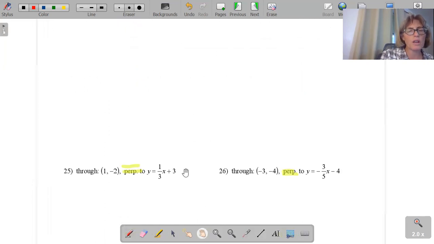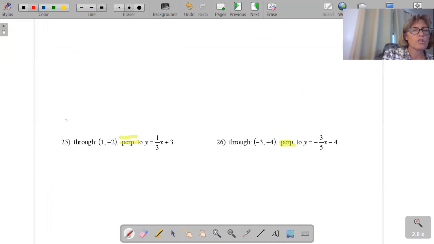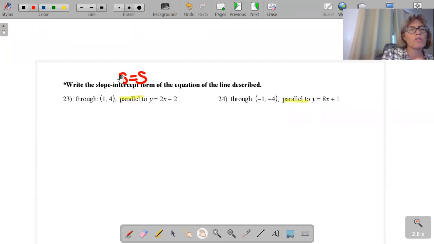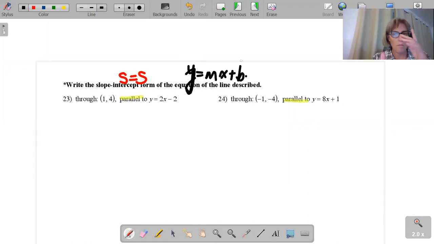For perpendicular, the slopes multiply to -1. And it says we want the slope-intercept form, which means we want this form, y equals mx plus b. I'm only going to do one of these.